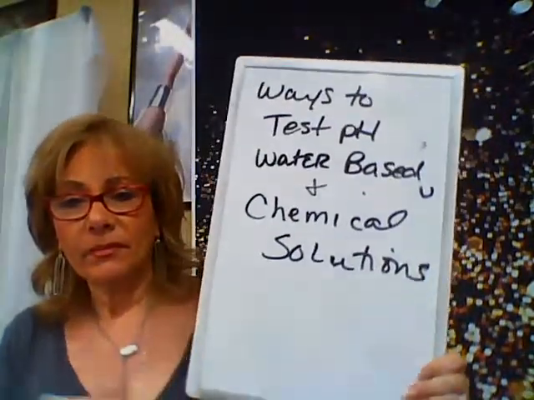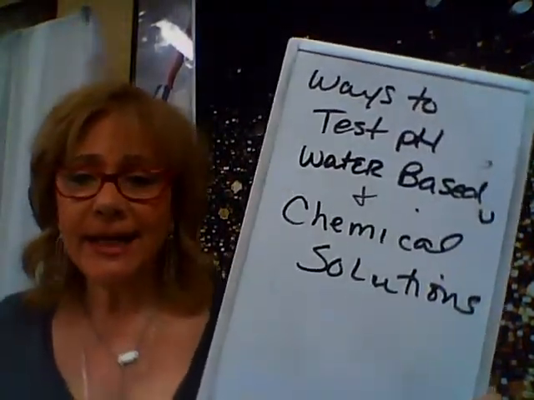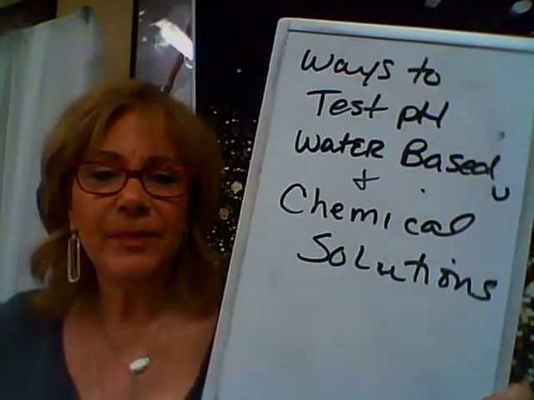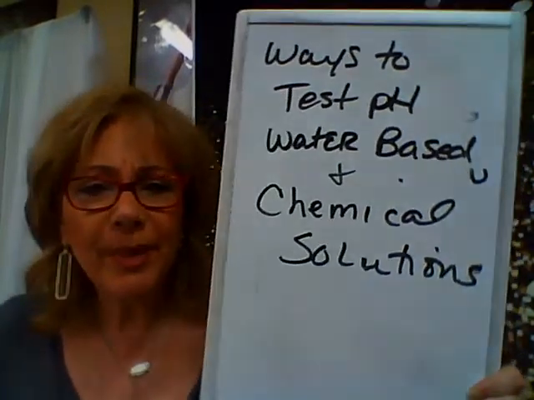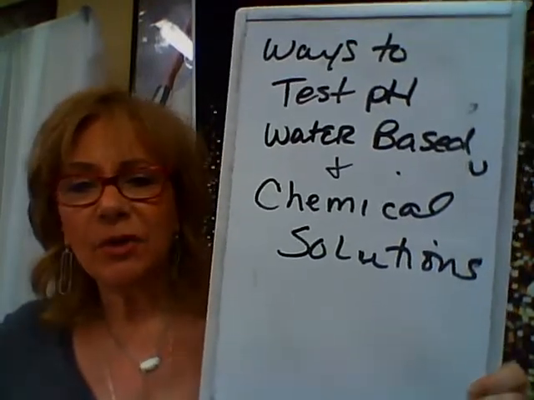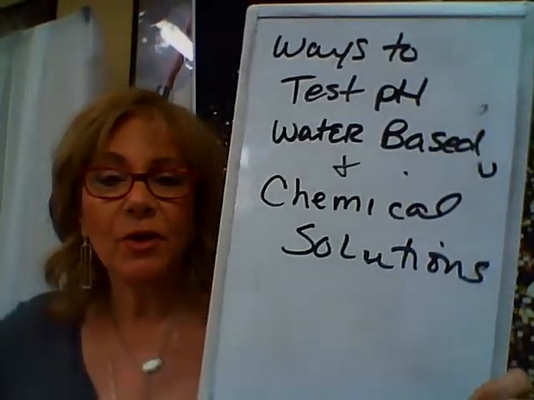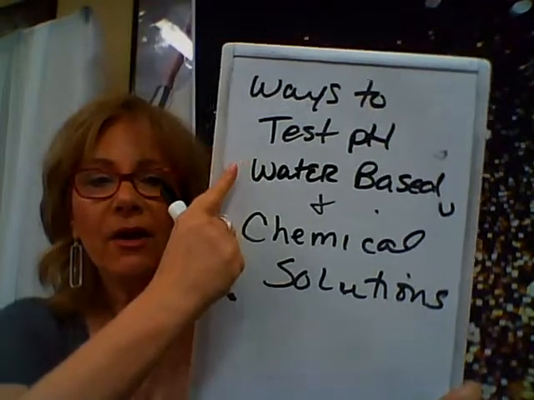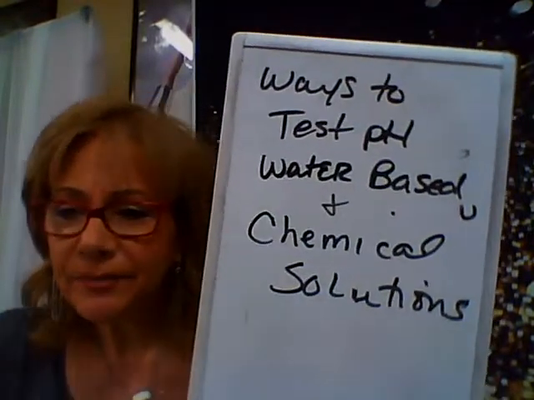So that's what pH tests, okay? It tests color. It tests anything from temporary color, water-based products that are soluble, all the way to chemicals, permanent waves, chemical relaxers. So there are different ways to test.